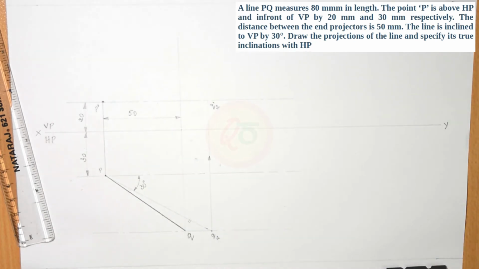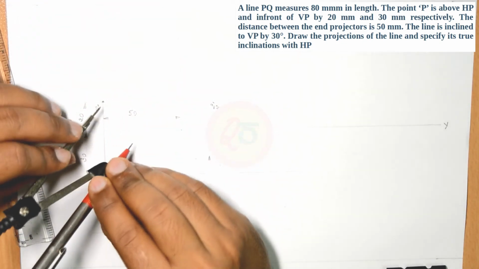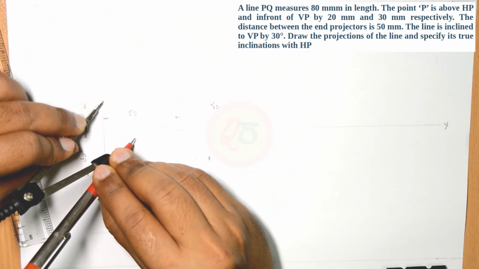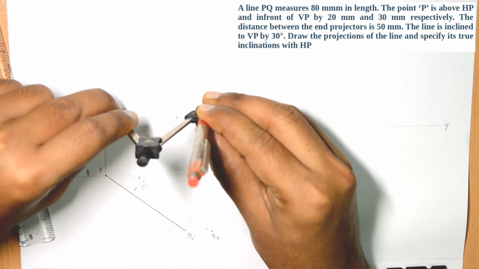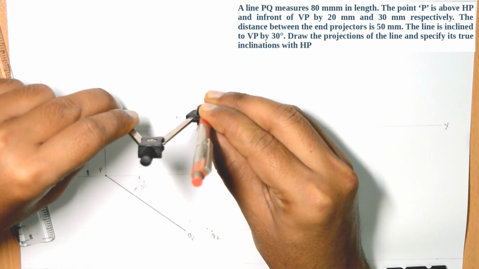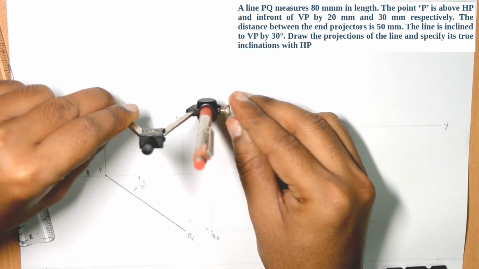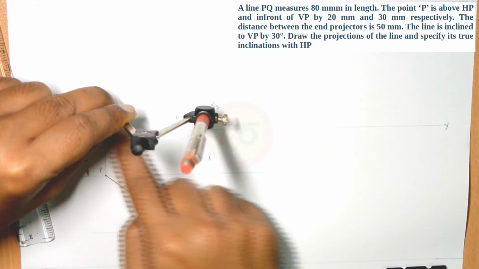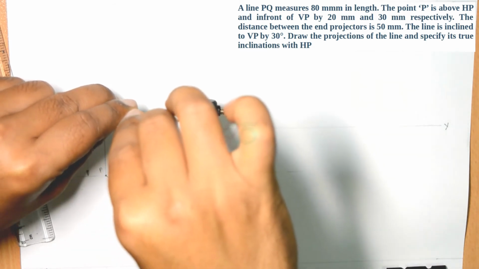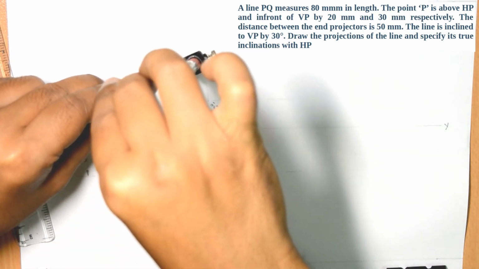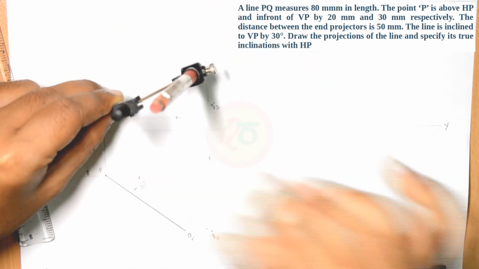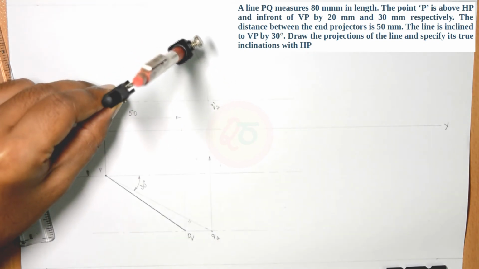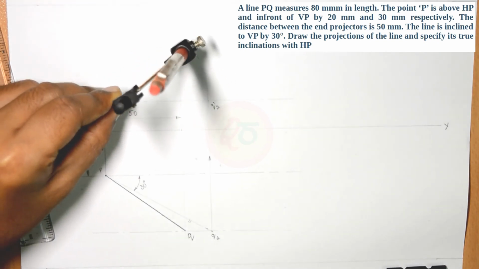Using your compass, keeping the needle end at P dash and your pencil end at Q2 dash, with the radius P dash Q2 dash, draw an arc until it intersects the end projector line.